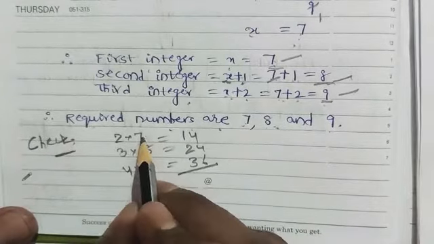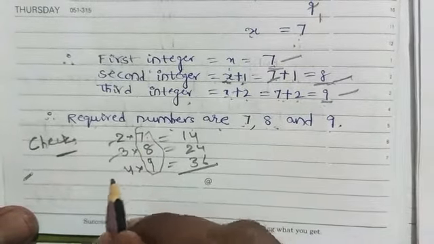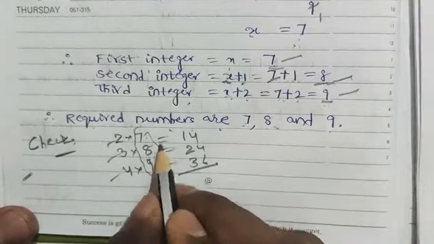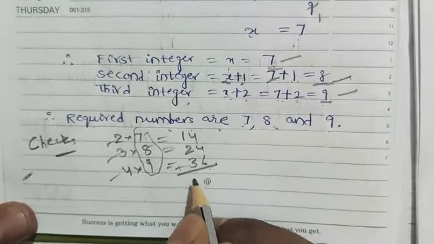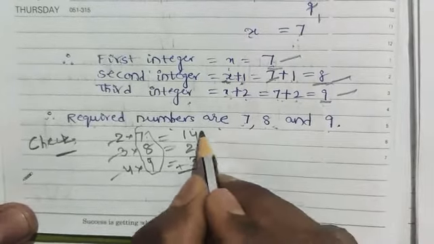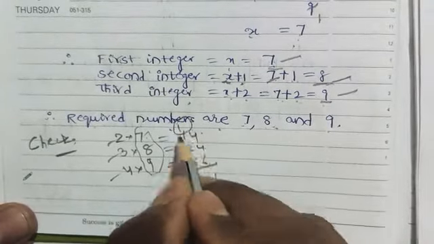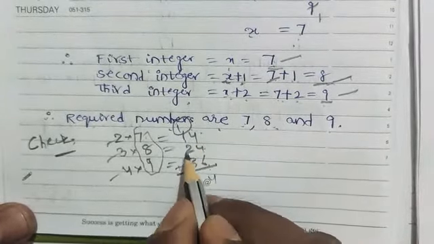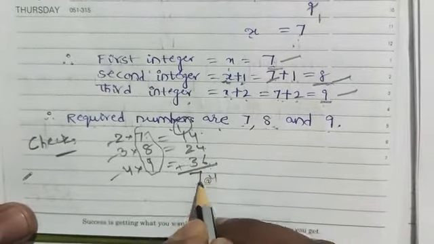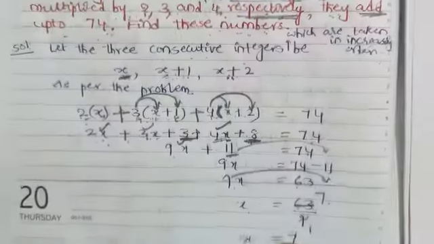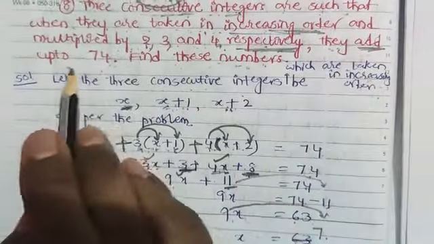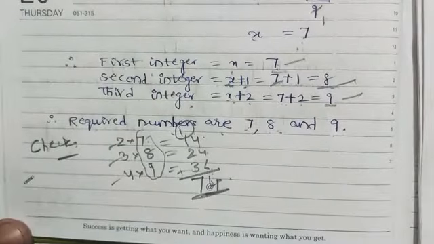After multiplying these three integers with 2, 3 and 4 respectively and adding the answers, you should get 74. 14 plus 24 plus 36 gives 74. Are you getting 74? Yes, you are getting 74. They add up to 74 only. So the problem is solved.